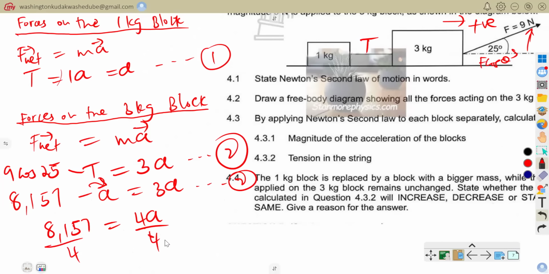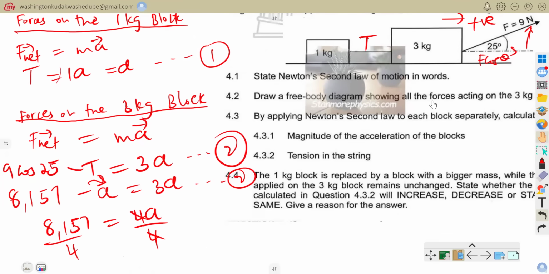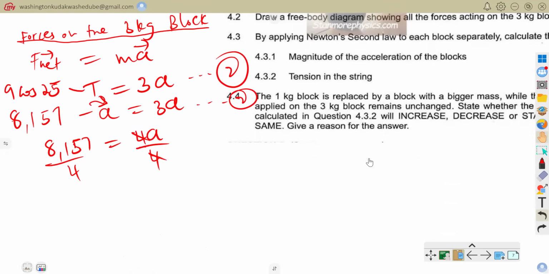And the answer that I was going to get is 2.04. So my acceleration is equal to 2.04 meters per second squared.